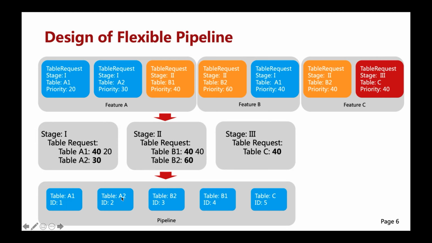And then A2. For stage 2, B2 has the highest priority, so it's in first place. Then B1, and then table C. Well, that's the process of flexible pipeline generation.